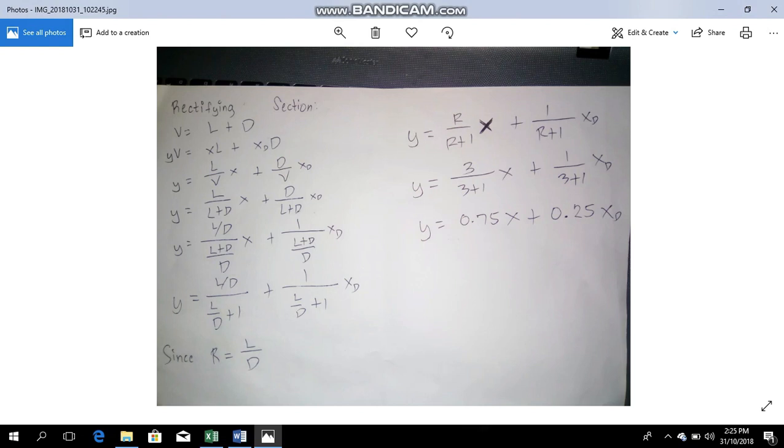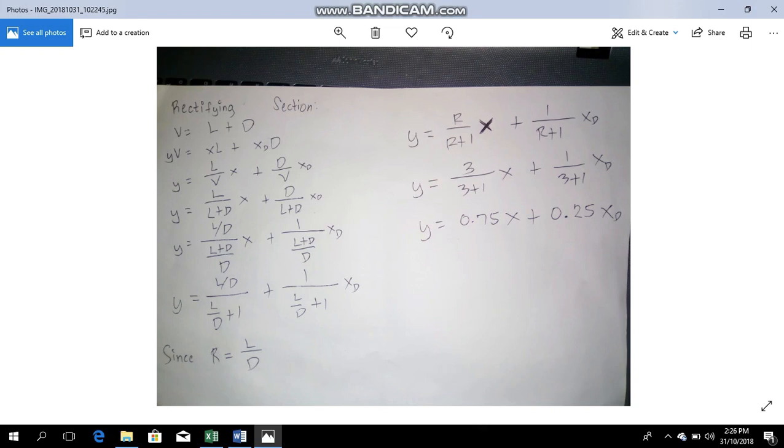Then the equation becomes y is equal to L over V times x plus D over V times xD. And we know that V is equal to L plus D, so it becomes y is equal to L times x over L plus D, plus D times xD over L plus D. Then rearranging, and knowing that R is equal to L over D, the equation becomes y is equal to R times x over R plus 1, plus xD over R plus 1.